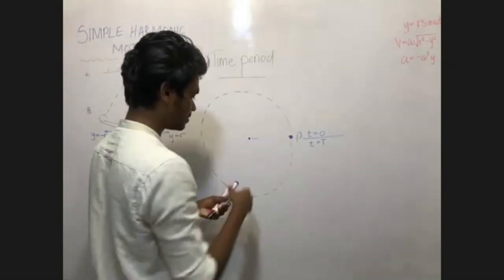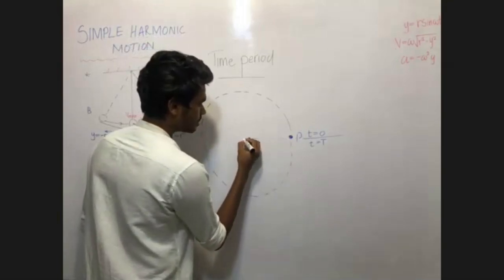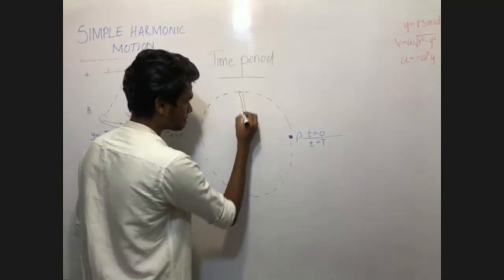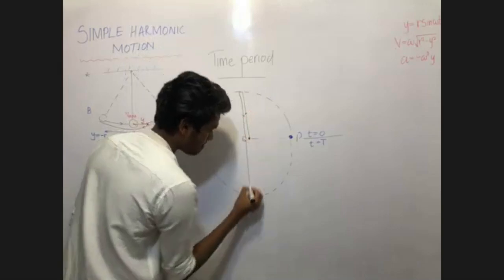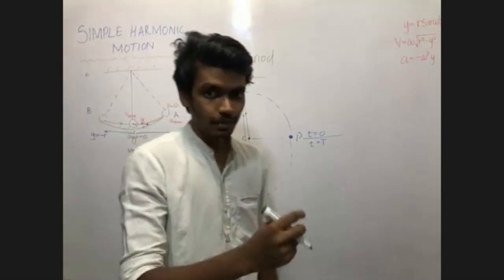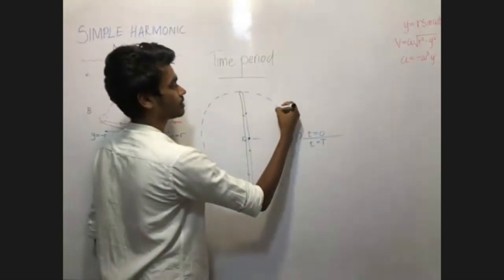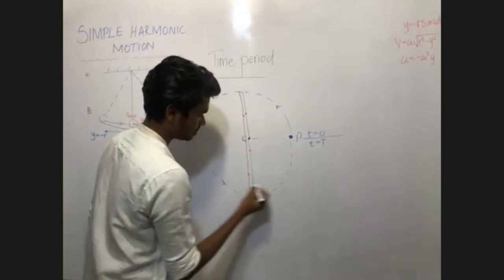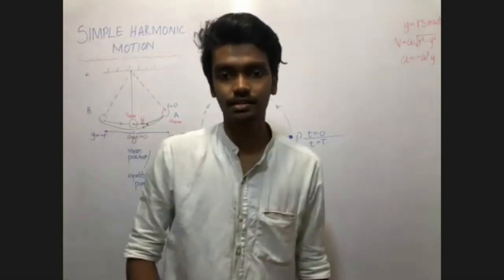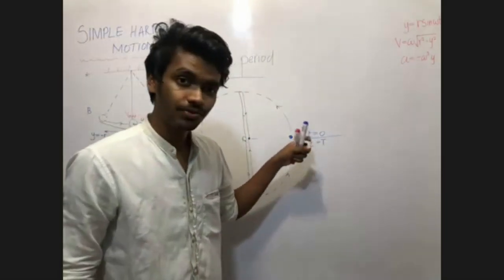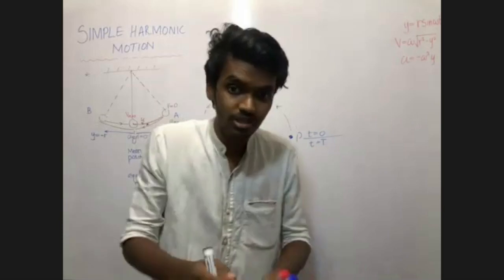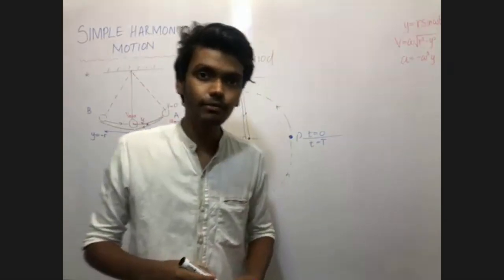When P performs a circular motion, Q performs what? An oscillation. So what is the time period for a simple harmonic motion?